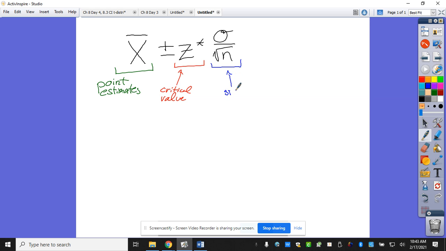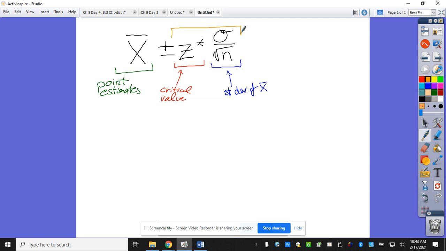This is some form of standard deviation or standard error. This one is standard deviation of the sampling mean of X bar. If we do it with S instead, it's standard error.